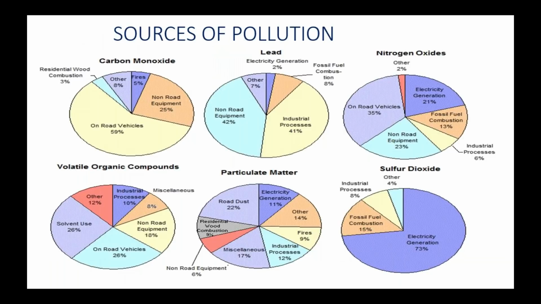And these are the various types of pollutants available in the atmosphere, especially carbon monoxide, lead, suspended particulate matter, volatile organic compounds, sulfur dioxide, etc. The percentage contributed by each sector to the generation of each gas has been mentioned inside the pie chart, which is very clear, so there's no need for me to go into detail.